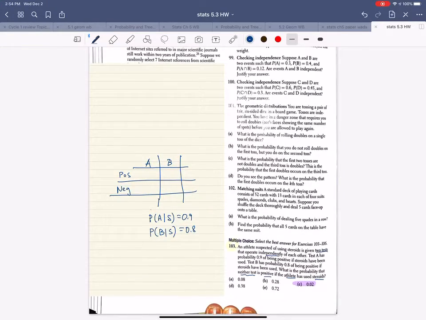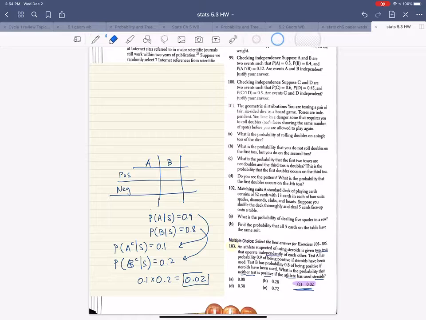So this would be the probability that you're not positive with A given you use a steroid, and this would be the probability of not testing positive with test B given you use the steroid. And so if they're completely independent, those are just using the complement rule. If those are totally independent, I should be able to multiply them. And I get 0.02. So that's how I get this answer right there.